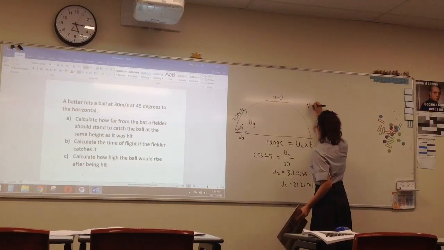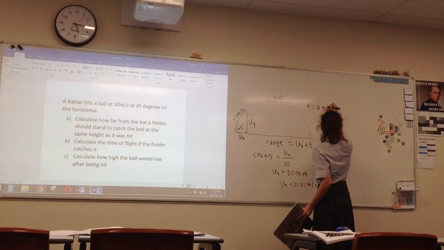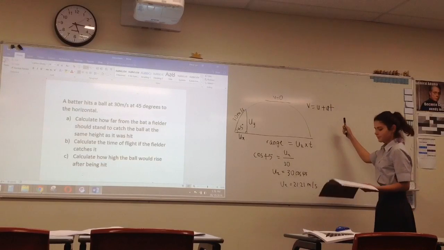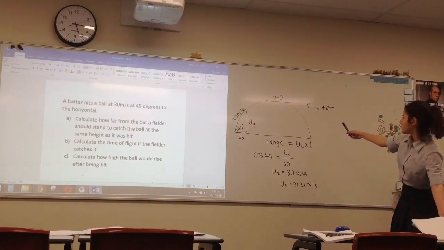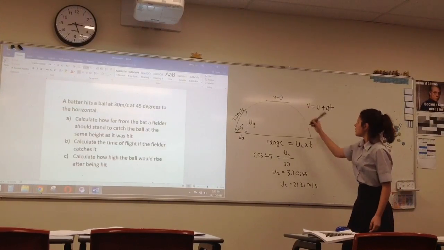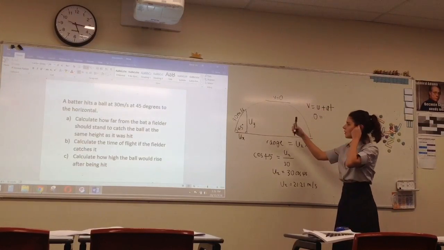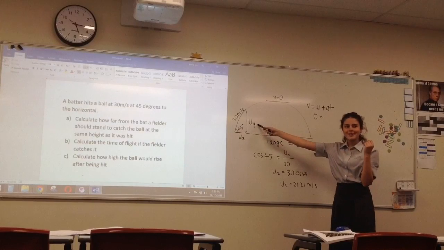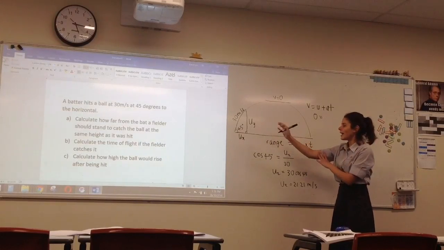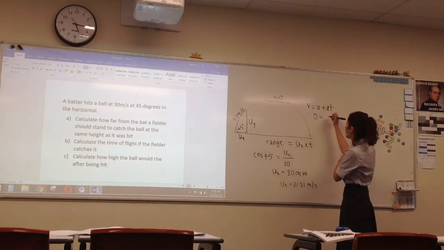Yeah, so if we just use v equals u plus at, our v equals 0 at the top. Our u is our vertical, like uy, and we don't have that yet, so we have to find uy as well.